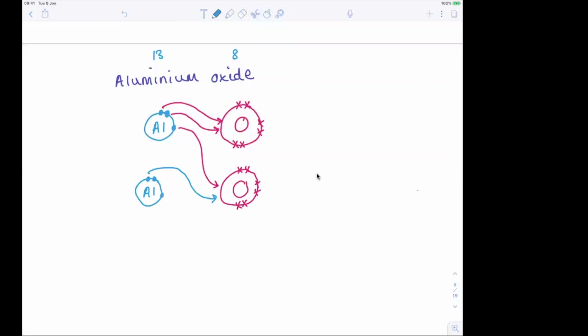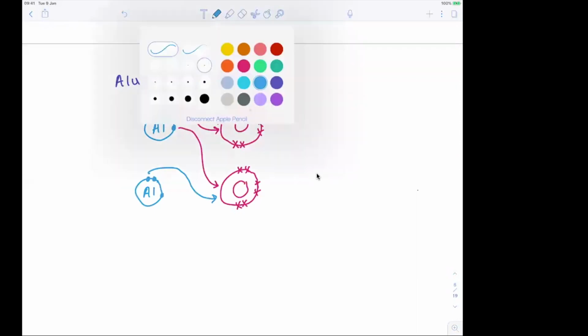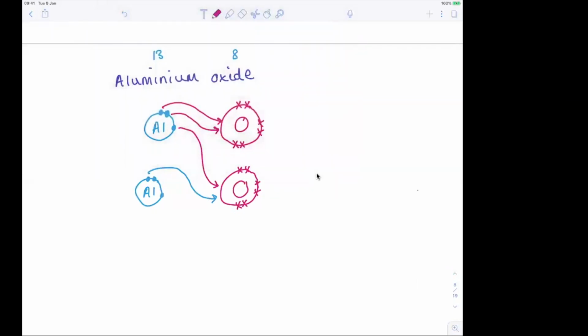So now that oxygen is happy, but unfortunately, aluminium still has 2 electrons to give away. So this is why this gets so complicated, because you need that third oxygen in order to absorb those final 2 electrons.